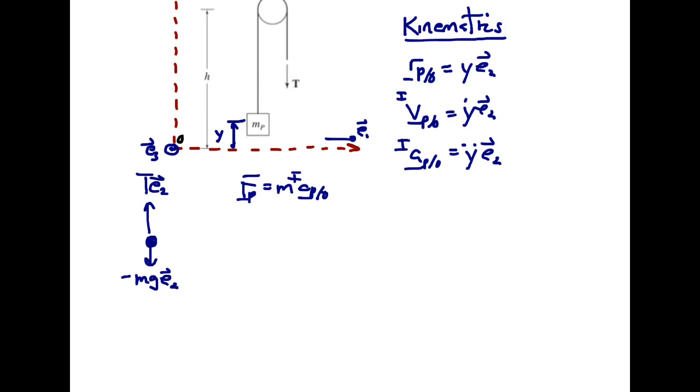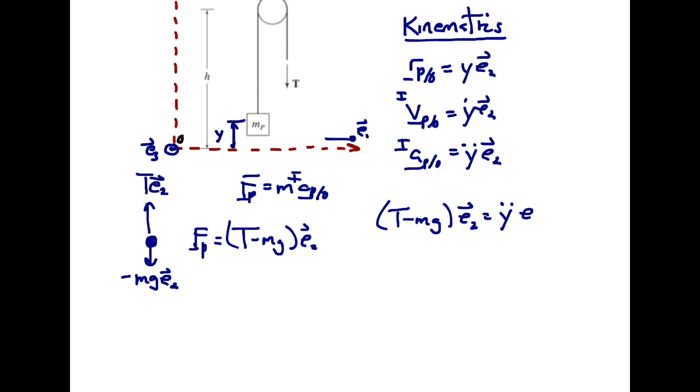And so our force applied to this system is T minus mg in the E2 direction. And so F equals ma gives us T minus mg in the E2 direction is equal to m y double dot in the E2 direction.